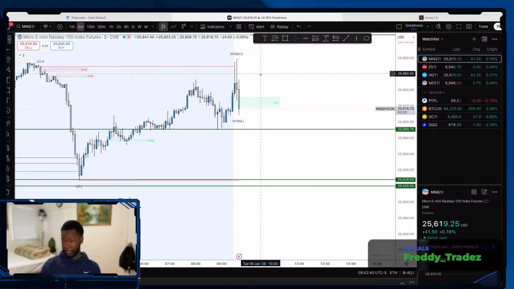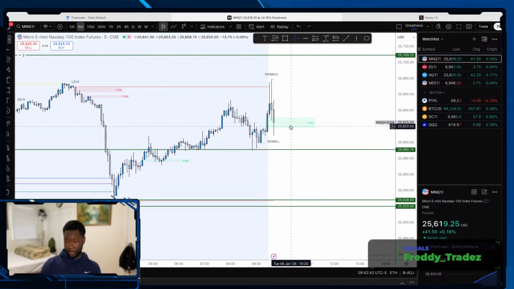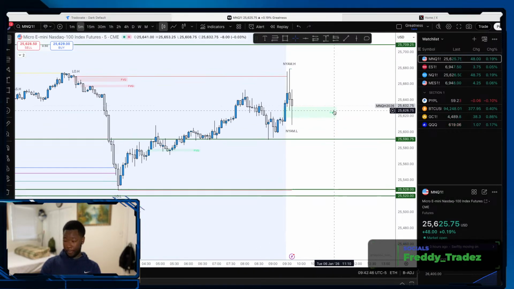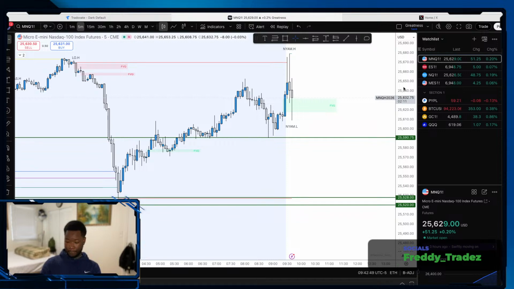2 minutes for the 15-minute candle closure, and we'll see if this 5-minute gap holds or gets inversed.